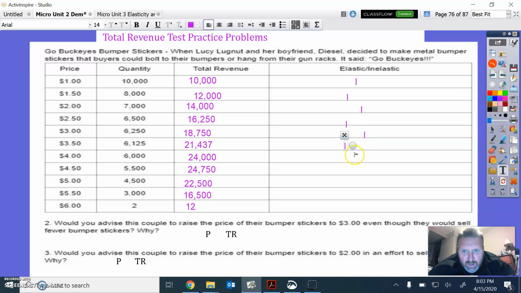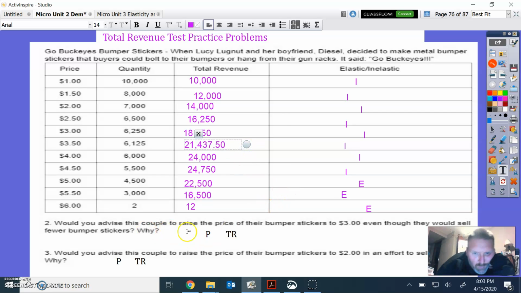Inelastic, right? Now it changes because the first time here the price goes up and the revenue goes down. So elastic, elastic, elastic. At that point, sorry, I moved it over a little bit. Okay? Some of you math gurus out there, this should be like 0.50, but I just rounded it off, okay?